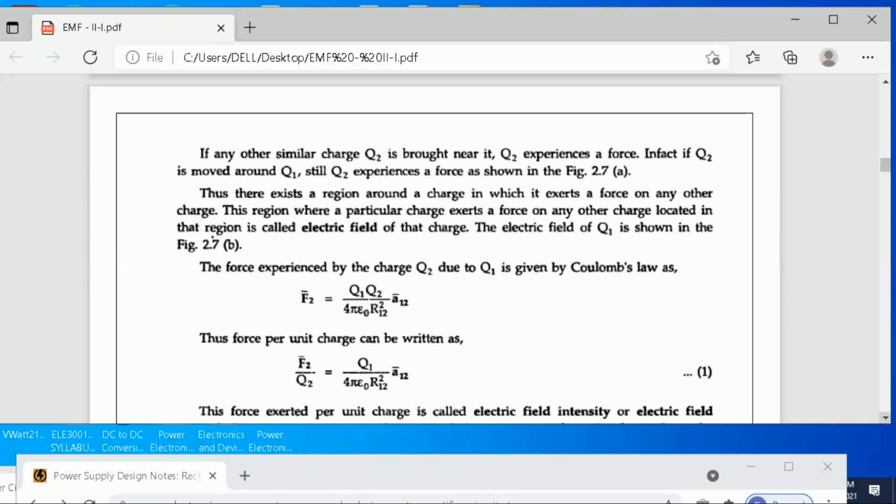There exists a region around a charge in which the charge exerts a force on any other charge which is of the same intensity.